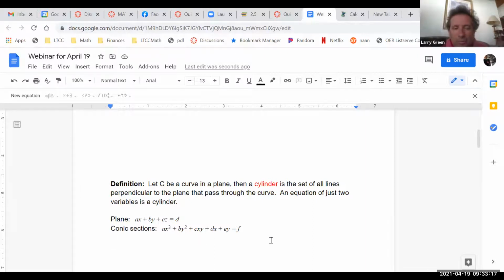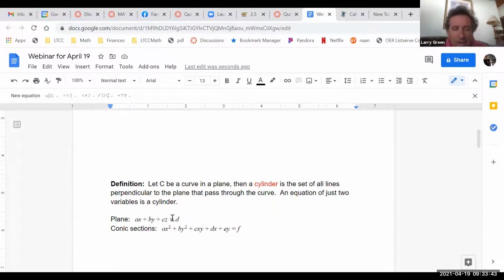All right, so we're jumping now into 3 variables, because what we're doing in this chapter is all about R3, not R2. So we're not just going to have x's and y's, we're going to have x, y's, and z's. And again, we want to start out from a plane, thinking about conic sections.